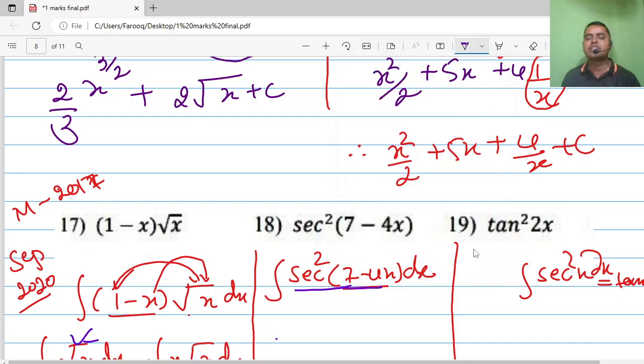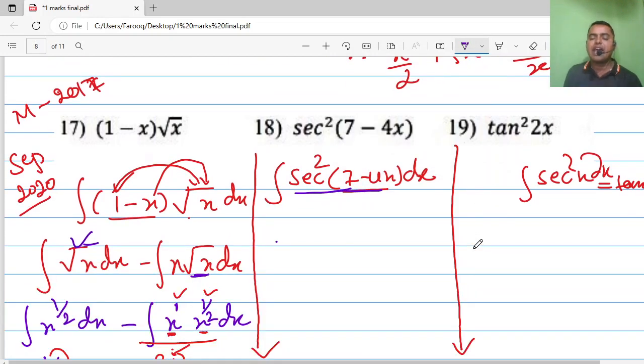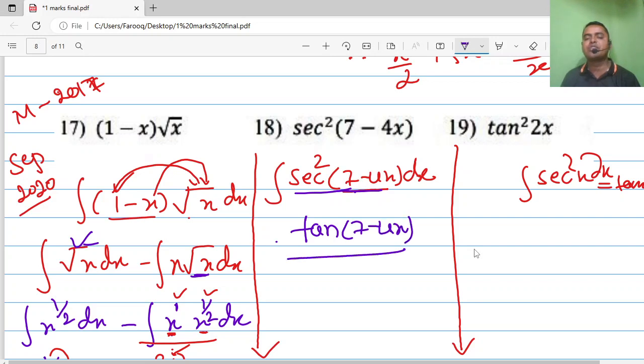Integration of sec square 7 minus 4x is tan 7 minus 4x, directly using the formula. What is the coefficient of x here? Minus 4. Divided by minus 4 plus c.